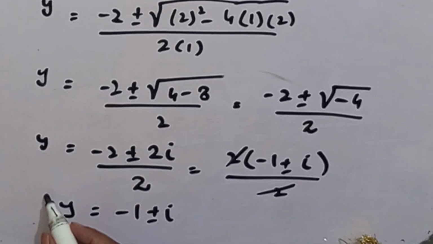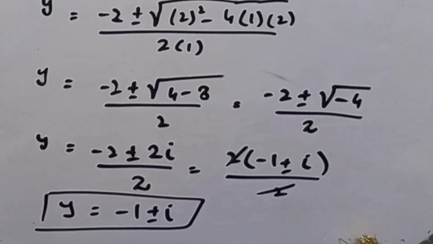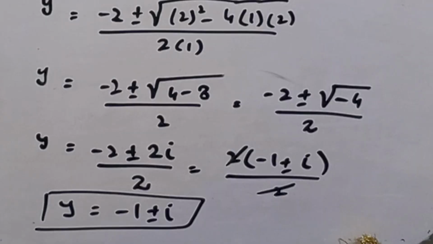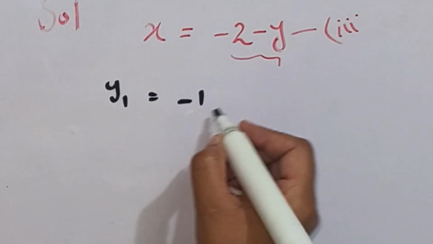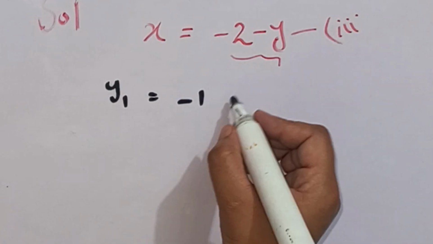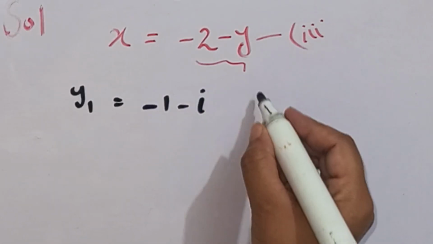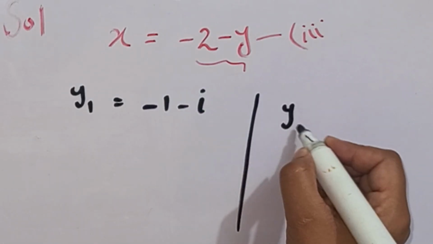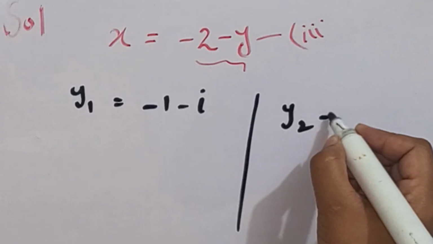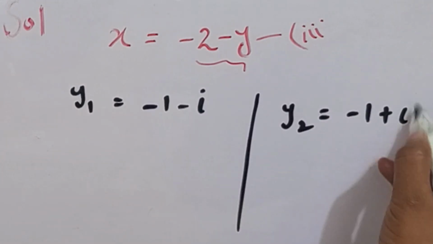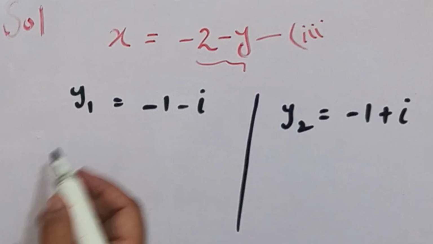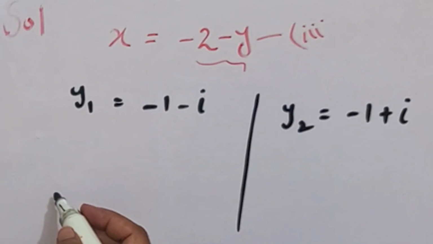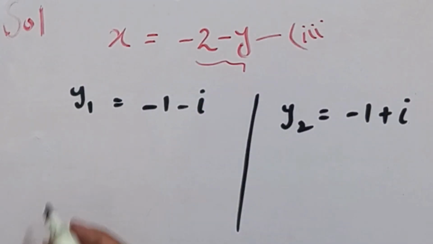This is the value of y, and we use this value and find the value of x. The two values of y: first y1 is -1 minus iota, and the second value is -1 plus iota. First of all, we use this value and find the value of x1. For this we use equation 3.